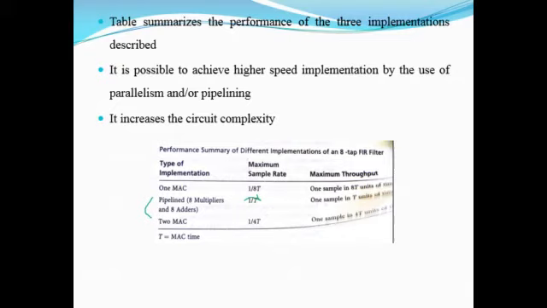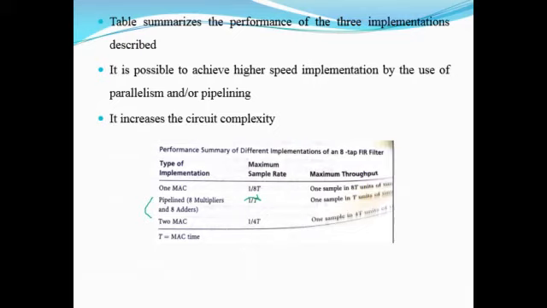So from this, what we can infer is that 2 MAC units is a better way of implementing a FIR filter, or any type of filter, with better computing time, and it will be faster when compared to this.